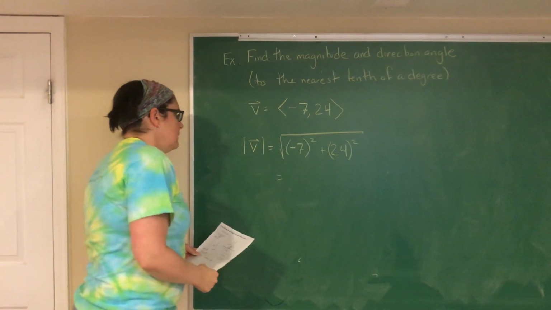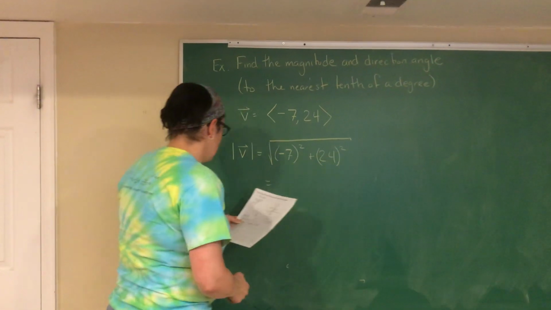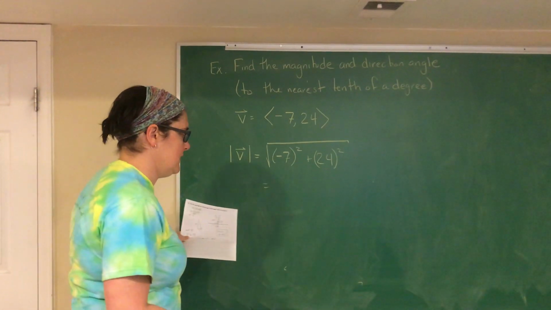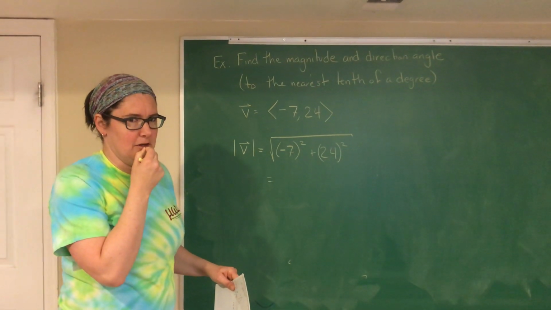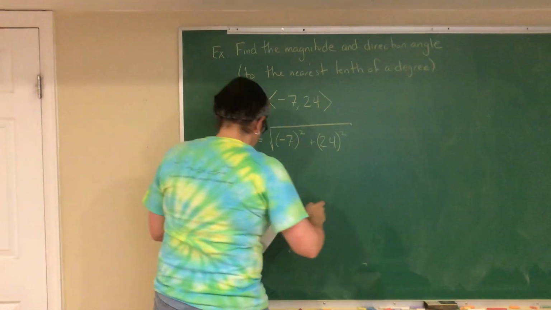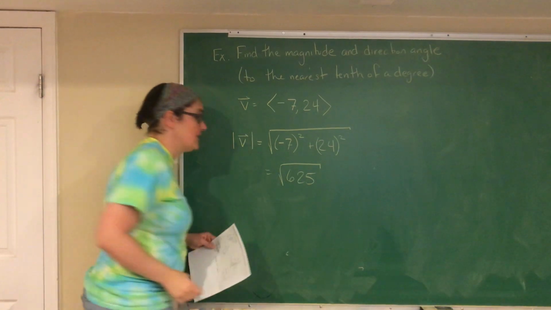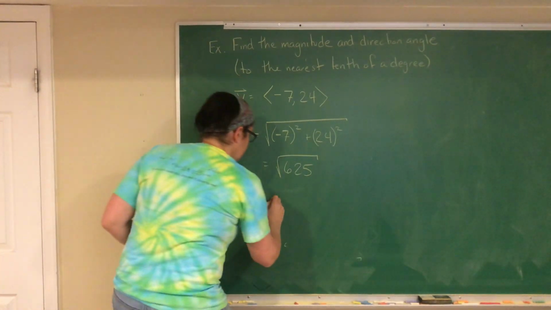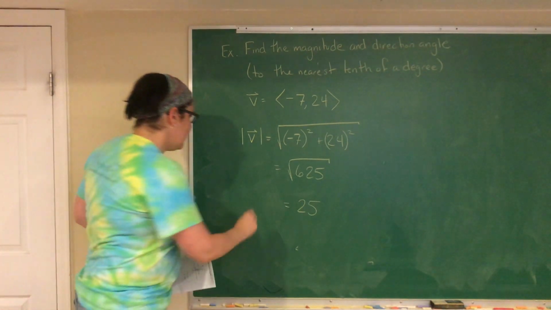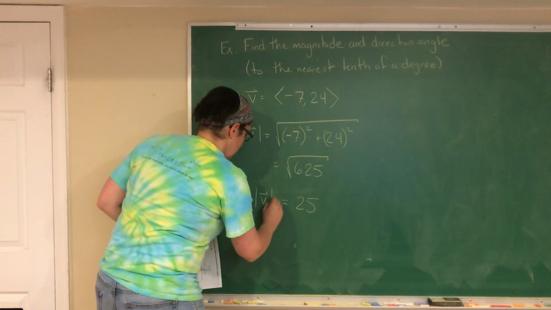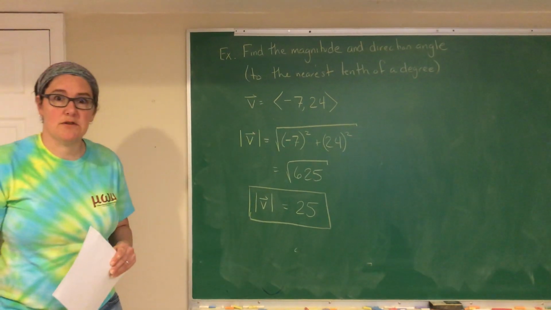So -7 squared is 49, plus 24 squared, I think 24 squared is 576, I'm not sure. But then when you add them together, you get 625. So we're taking the square root of 625, and the square root of 625 is 25. So the length of our vector is a length of 25 units. Magnitude of v is 25.